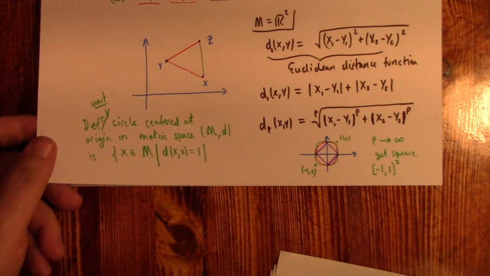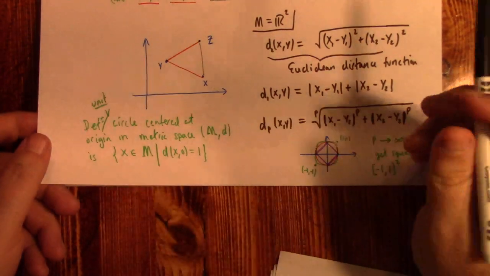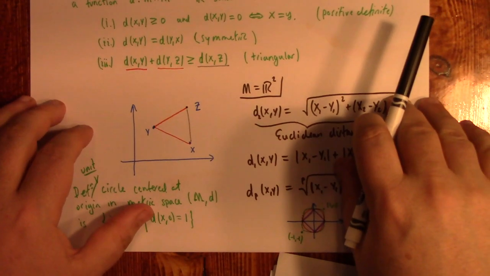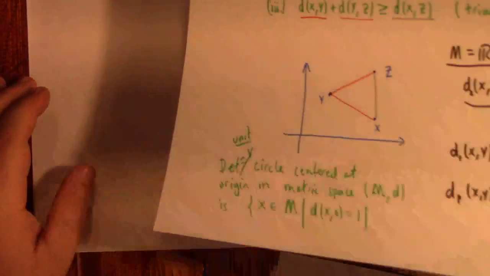One interesting, exceedingly silly metric that you could give that's kind of fun to think about. So one final example here. I'll try to squeeze it into the next page, actually.